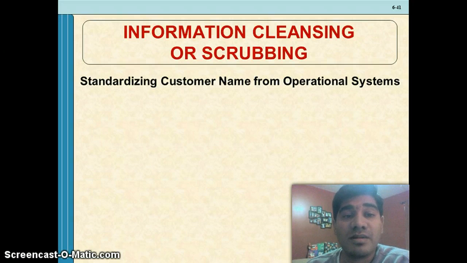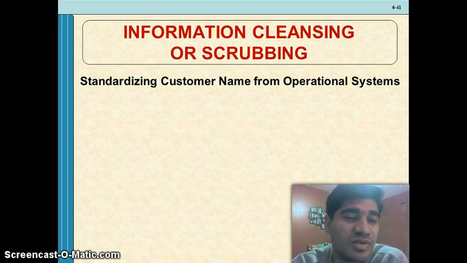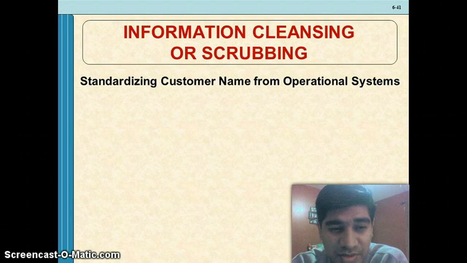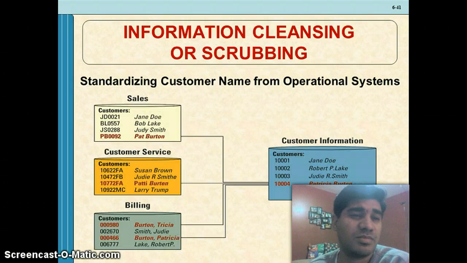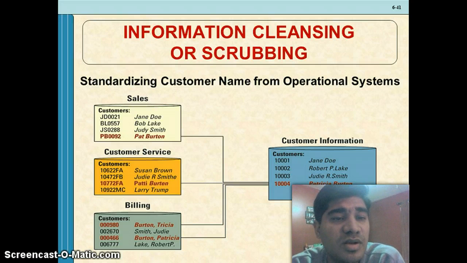So how can this be done? Have you ever received a piece of information which is the same email from the same person with different contact information? That can be a problem. You can see sales has different information, and then you have customer service, which has different information, and billing.